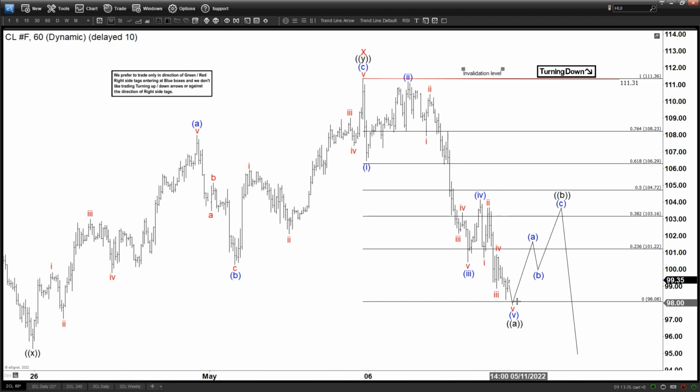So we need to see how it goes. And the Fed at some point is going to be finished and it's going to backtrack. But in the meantime, we are looking for the downside here in oil as long as we stay below 111.3, and we expect any rally to fail.